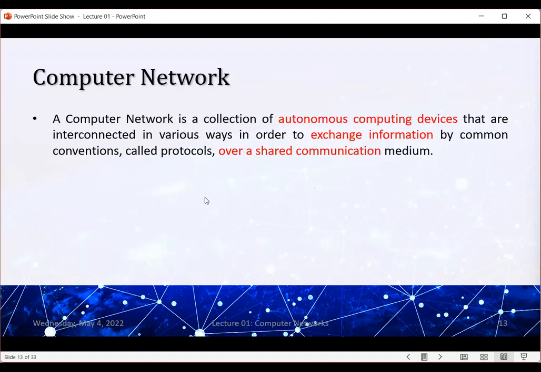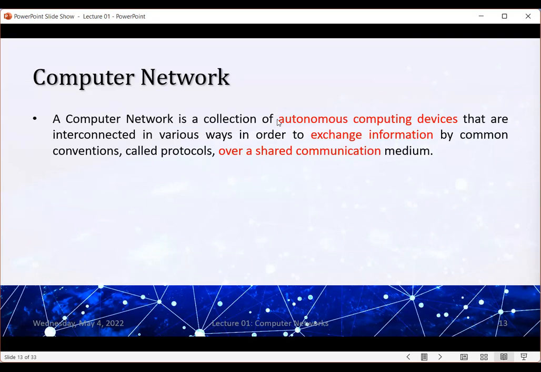Okay, now let's see the complete definition of a computer network. As I said before, a computer network is a collection of computing devices which are interconnected in various ways to share information by a common set of rules. We call it a protocol over a shared communication medium.